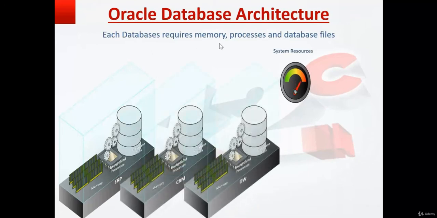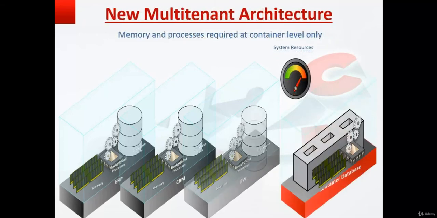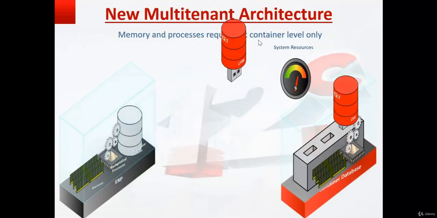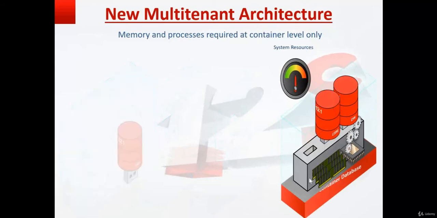Each database requires memory, processes and database files. Memory and processes are required at the container level only. So at the container level only, we need the memory and the processes.